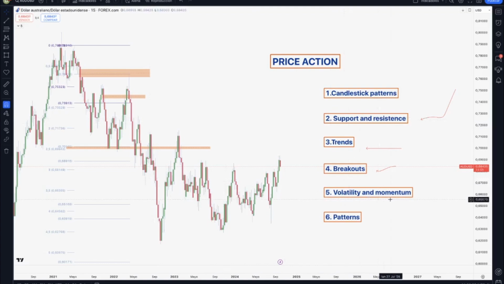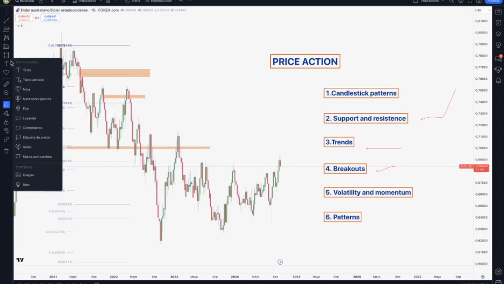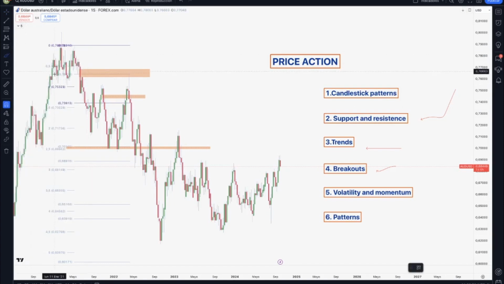Let's continue with the patterns. Price action traders often rely on chart patterns like head and shoulders, double tops and bottoms, and triangles to predict future price movement. As I was just showing you before, right here, we can understand this as a head and shoulders movement.